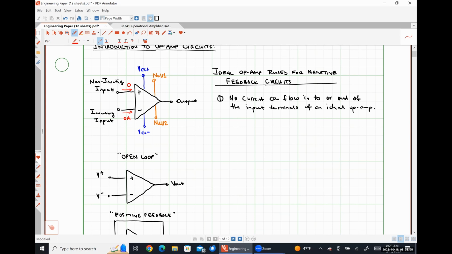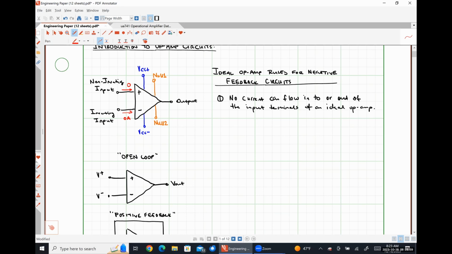It wouldn't be true if we biased things with a mega ohm scale resistor, but we don't do that specifically because we want it to behave in this nice, neat way. For an operational amplifier based on MOSFET technology, the input resistance is usually on the order of tera ohms, or 10 to the 12 ohms.